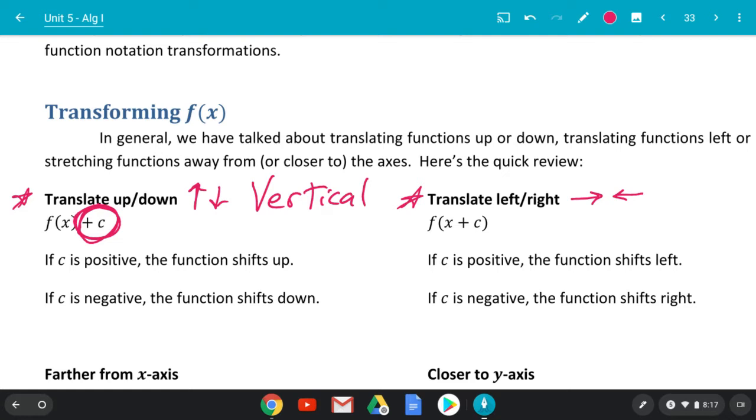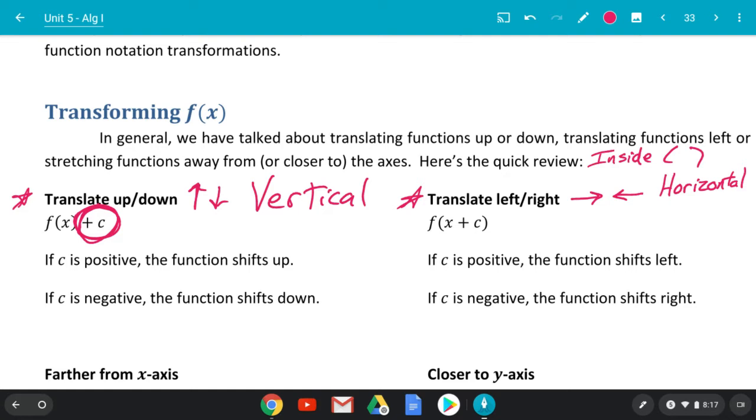Okay? If it's inside parentheses, we want to think horizontal. This is very important to me for how I teach it. There's something else that's very important about horizontal.